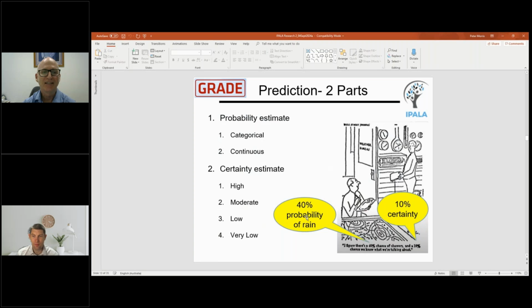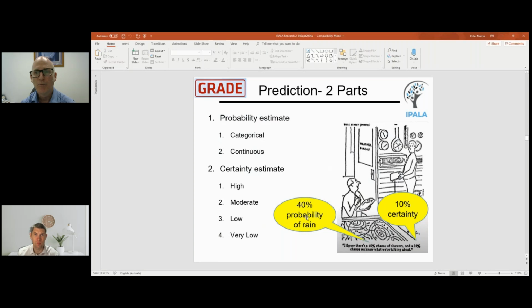The certainty estimates, generally the high and moderate are regarded as fairly reliable, and the low and very low are less reliable. So high means that you think it's very unlikely that further research is going to change your estimate of effect.